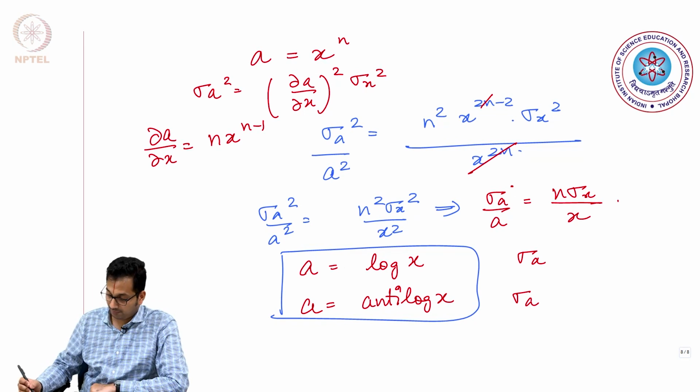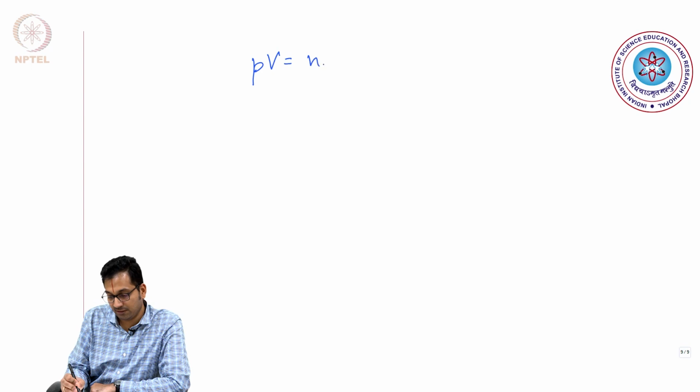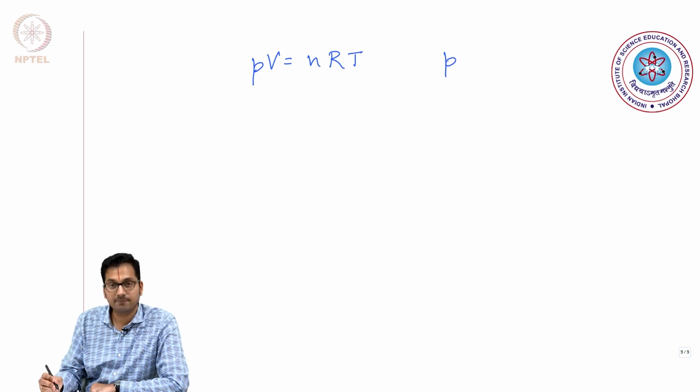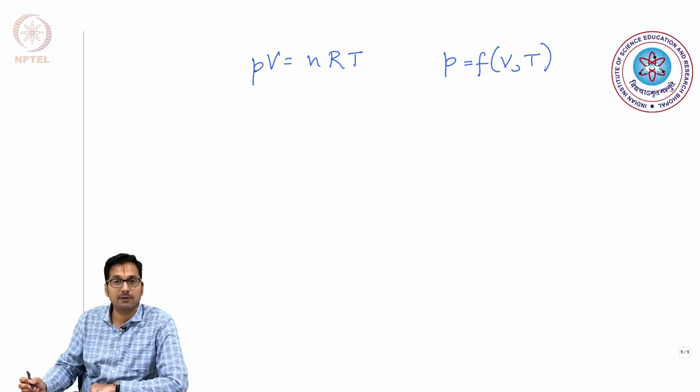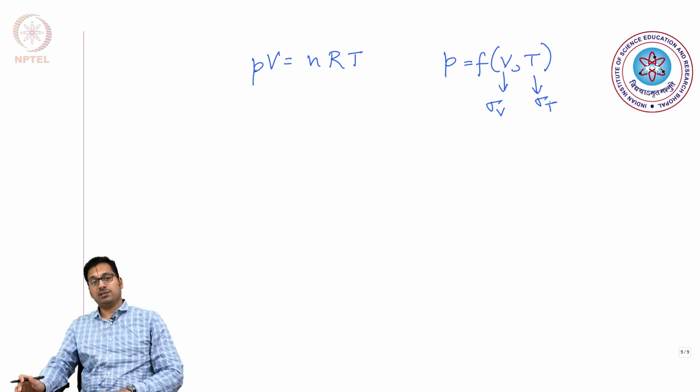Let us take a simple example so that we impress upon why we are discussing this. Let us take the ideal gas equation, PV equal to nRT. Let us say you are trying to determine pressure as a function of volume and temperature, and these are the two variables that you have control over, and you have a certain error of measurement associated with it.